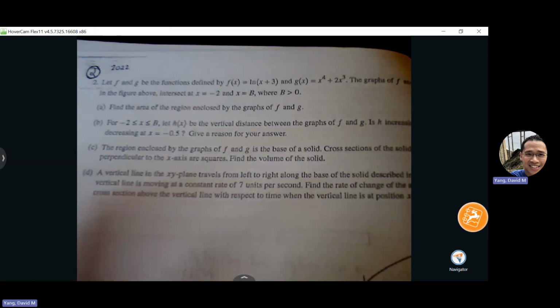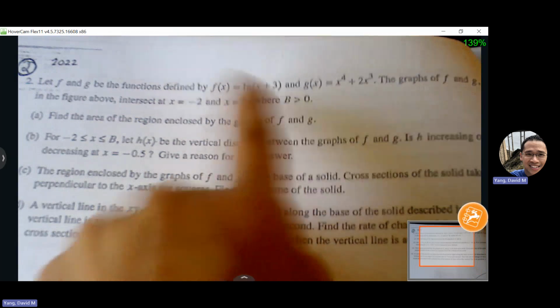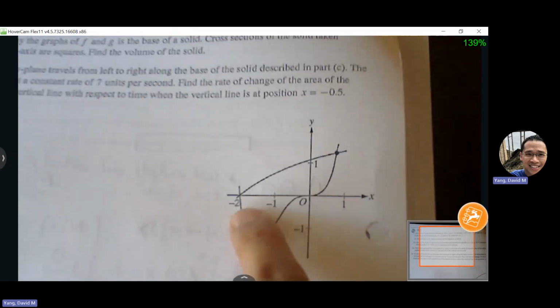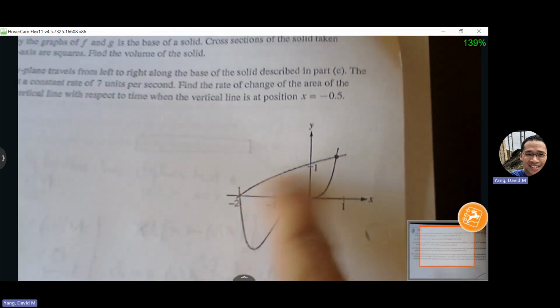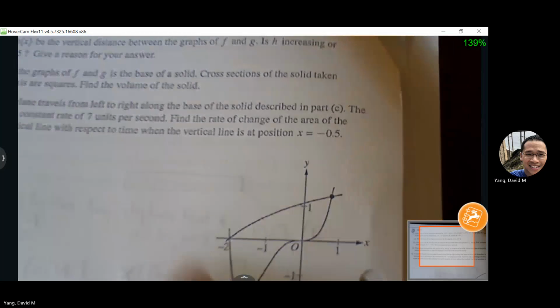Okay, number 2 says, let f and g be the functions defined by f of x is natural log of x plus 3. That's the graph that's higher. And then we've got x to the 4th plus 2x cubed. That's the one that has more of these curves here.